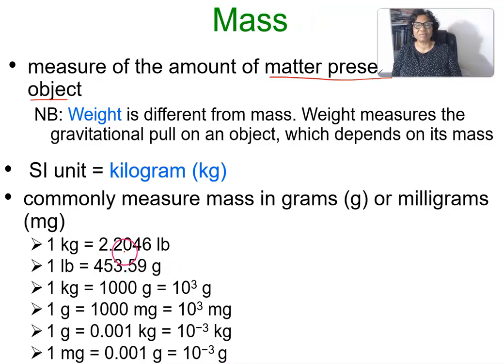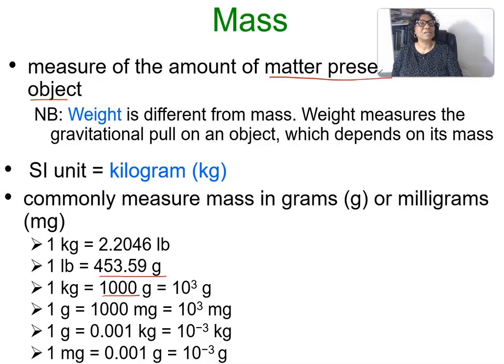So we have 1 kilogram equals 2.2046 pounds. 1 pound equals these grams. 1 kilogram equals 1,000 grams because kilo is 1,000. 1 gram equals 1,000 milligrams because milli is 0.001, 10 to the minus 3. So these are some relationships.